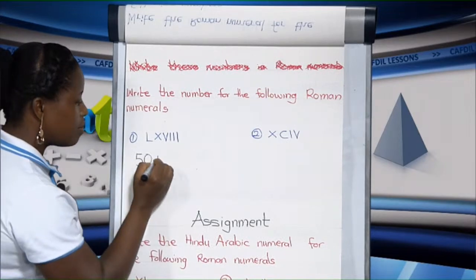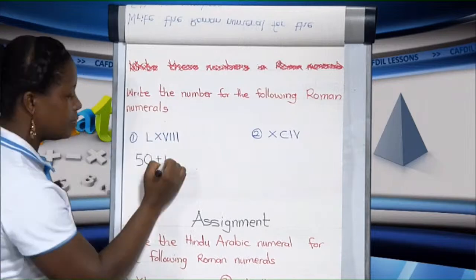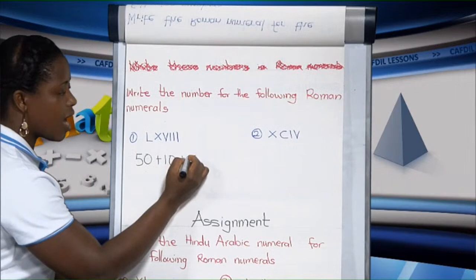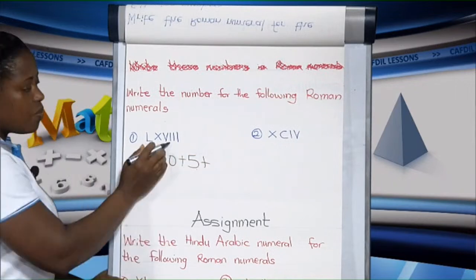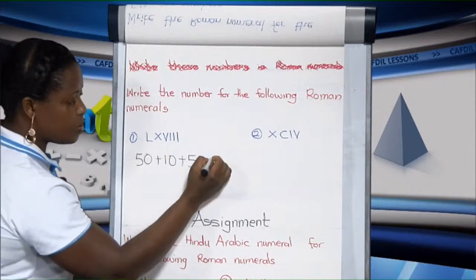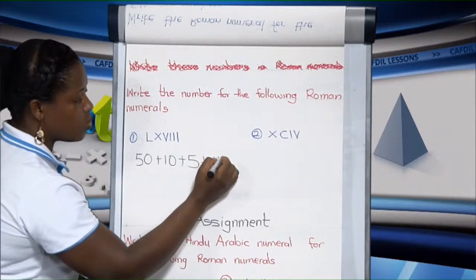plus X is 10, plus we know V to be 5, plus we have 3 of the I's, so we know it to be 1 plus 1 plus 1.